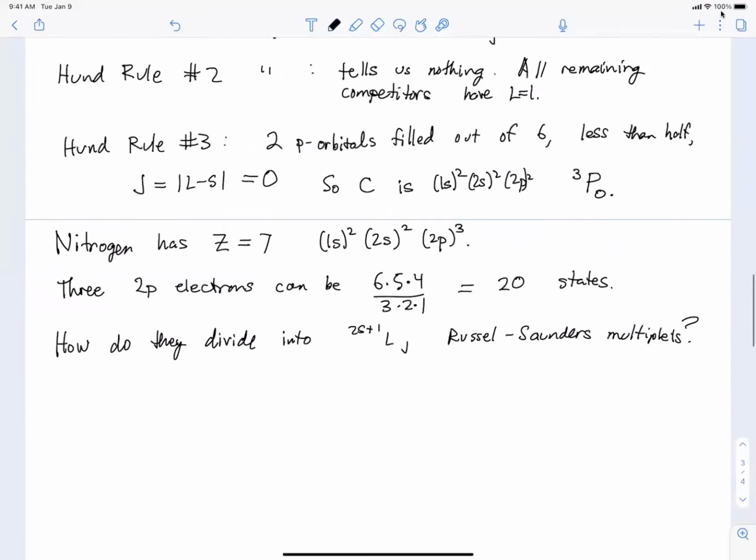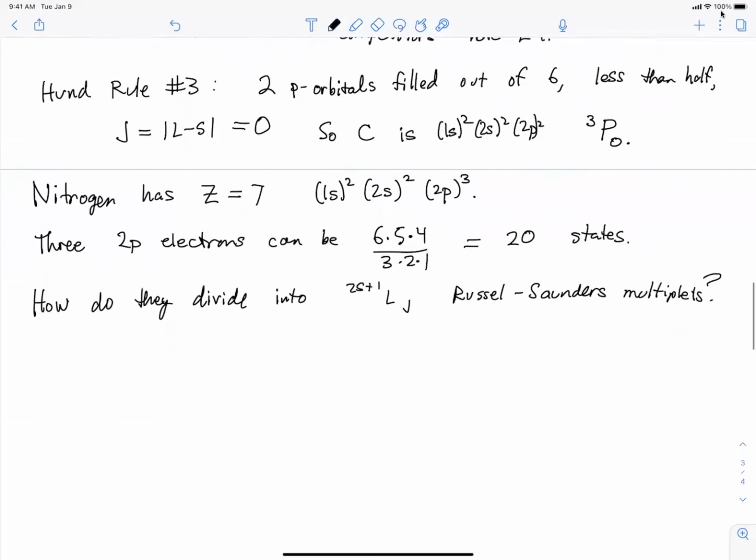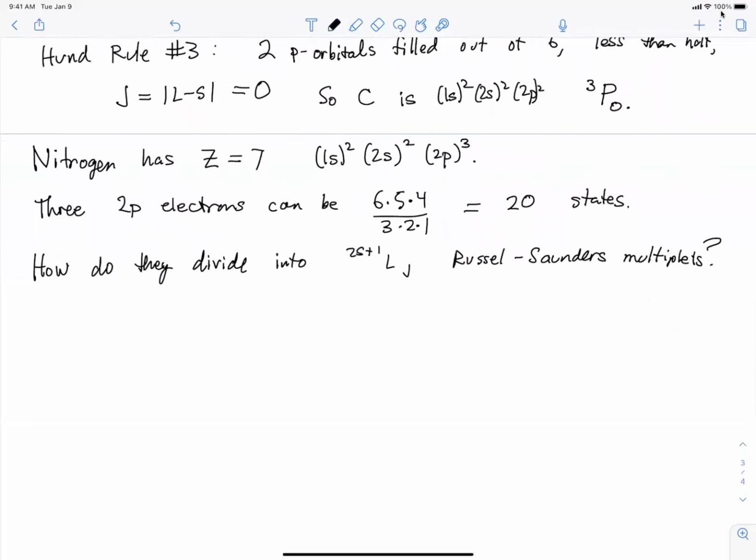Okay, and so to do that, we'll just naively start constructing the addition of orbital and spin angular momenta. And I'm going to write naively here. It's naive because we know that in the end, what we have to do is apply total antisymmetry to the states that we find.